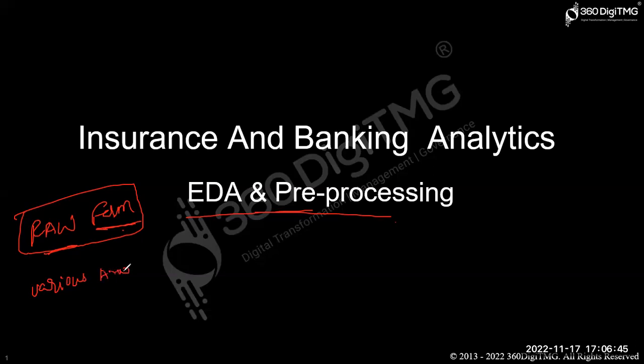Anomalies means something is wrong with the data, like duplicate data, where the same entry has been made multiple times, and missing values. Whatever feature we are considering, we may not get all the data in that particular feature. That is what we call a missing value.